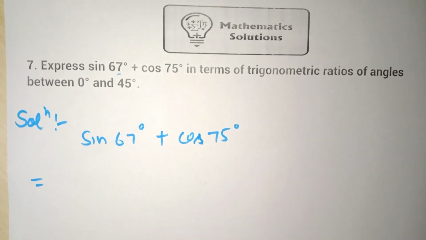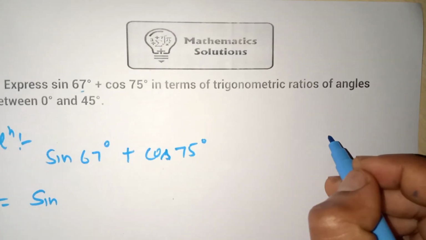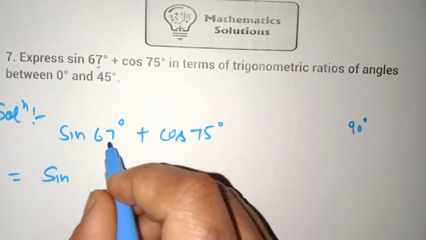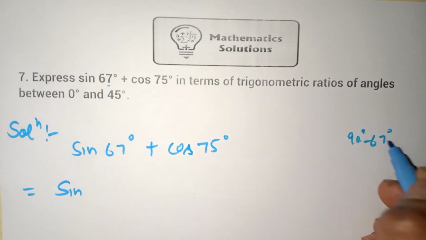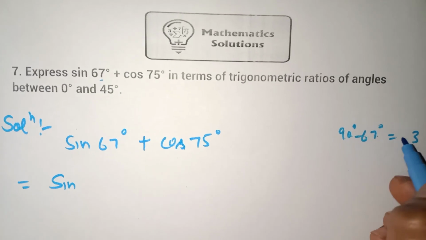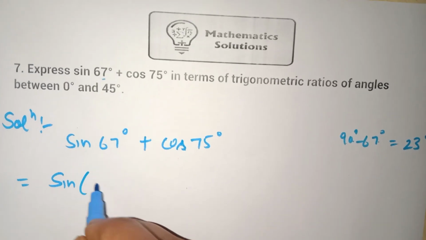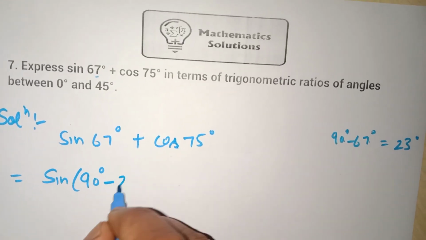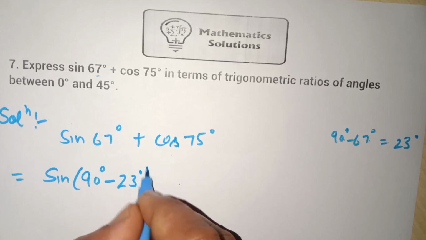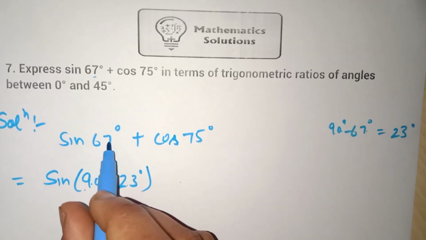We know that sine, if we subtract 67 from 90, what do we get? 10 minus 7 is equal to 3, 8 minus 6 is equal to 2. It means that 67 can be written as 90 degrees minus 23 degrees, because when we subtract 23 from 90 we will get the value 67.